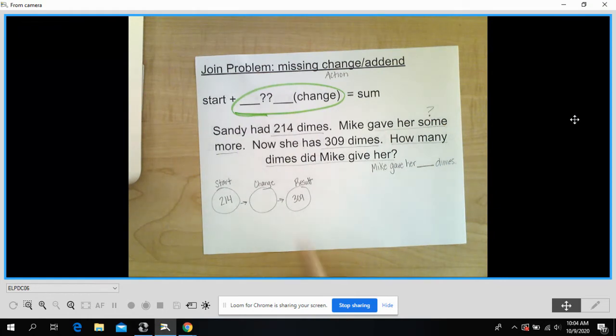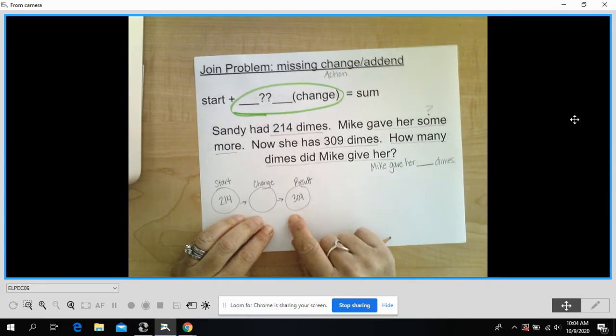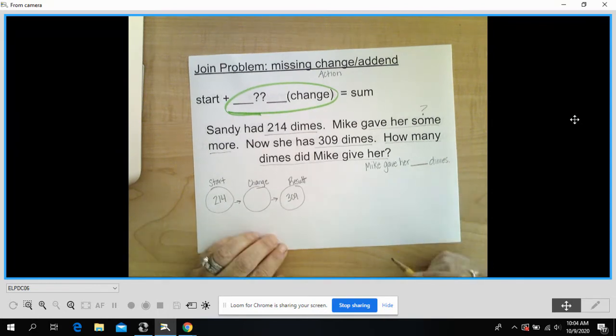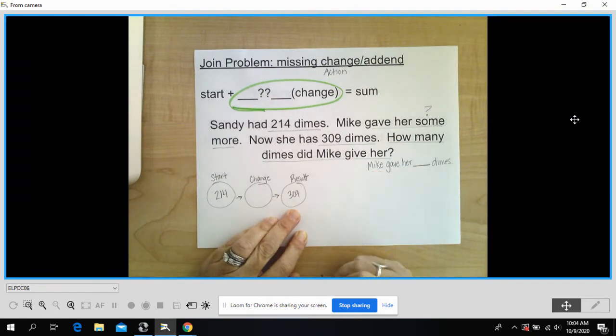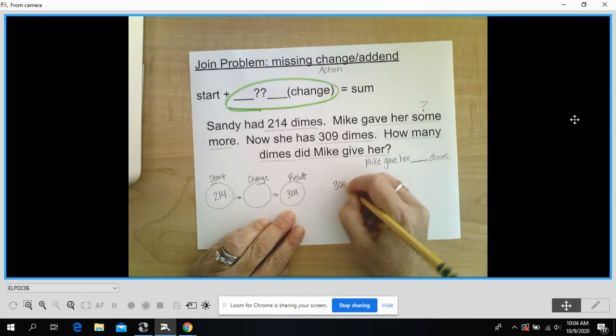So how can I figure out how many dimes Mike gave her? Are you thinking? I can do it through subtraction. I could do it through a number line. Let's talk about it. Okay, so look, first of all, if we're going to do subtraction, here's her end amount, the result.